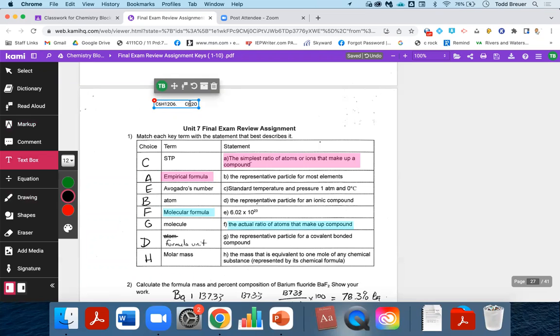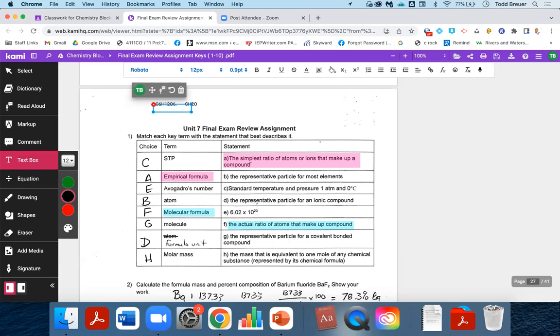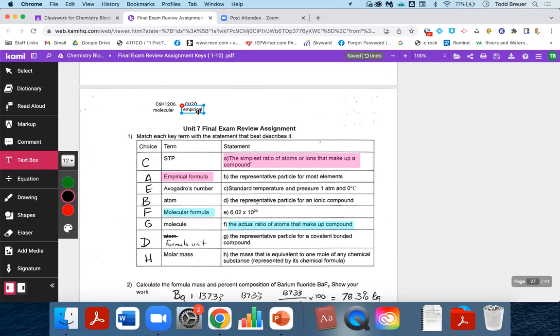So carbon reduces to 1, hydrogen reduces to 2, oxygen reduces to 1. And what we call these then, right, the actual formula is called the molecular. The simplest reduced version of that formula is called the empirical. Sometimes the molecular formula can't really be reduced because it's already in a simplest form. And then we just call it the empirical formula as well.